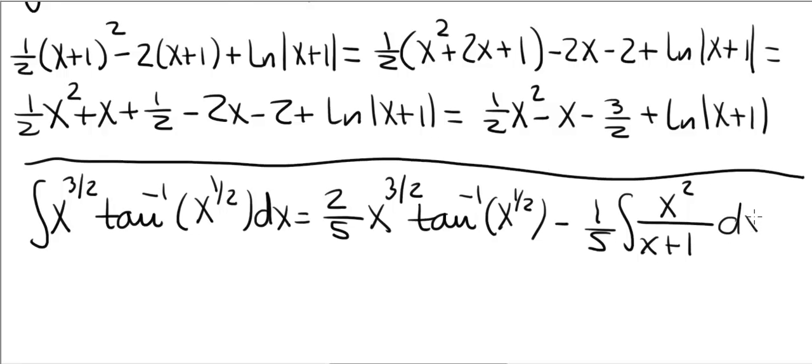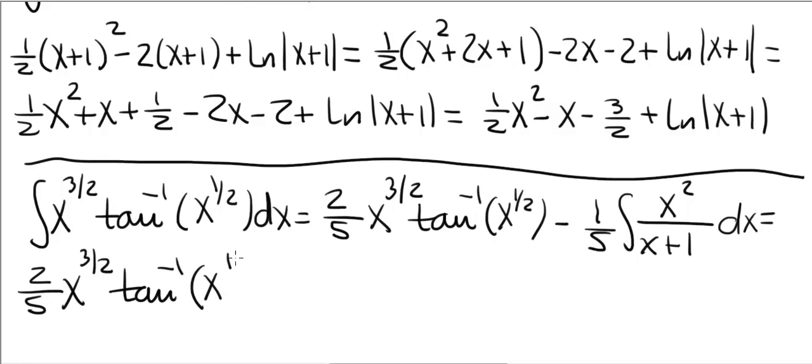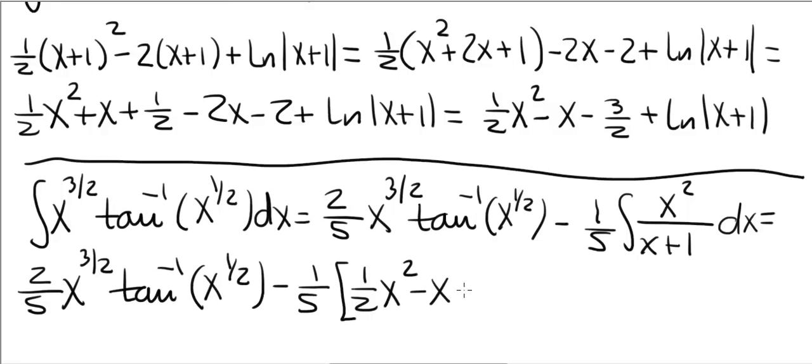We just evaluated this integral, so this is 2 over 5 x to the 5/2 times inverse tangent of x to the 1/2 minus 1/5 times the quantity 1/2 x squared minus x minus 3/2 plus natural log of absolute value of x plus 1.